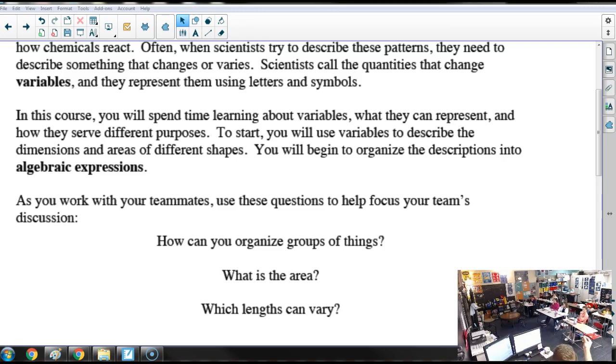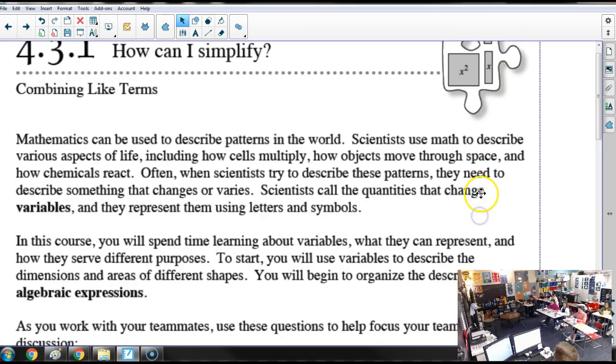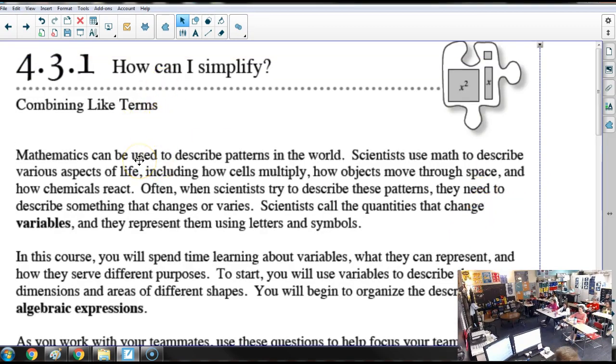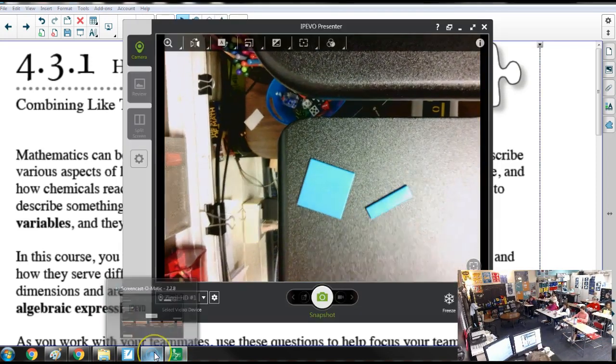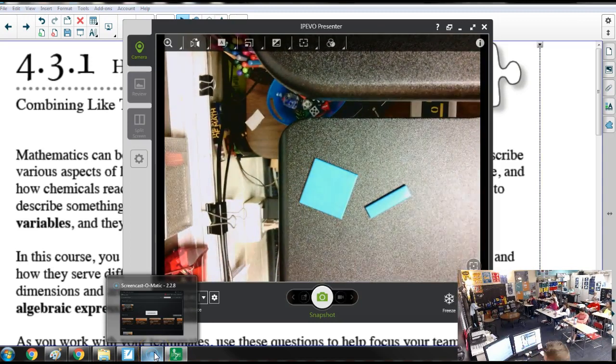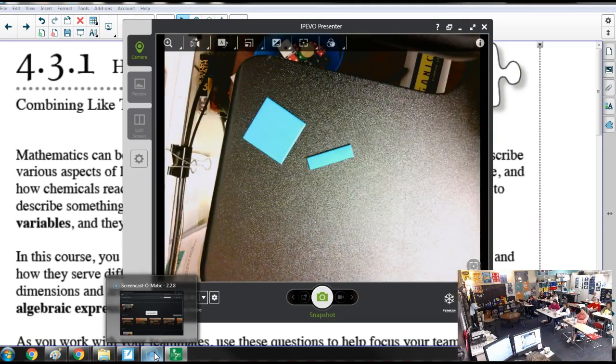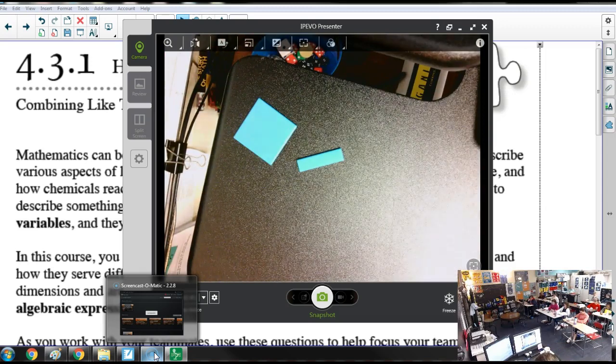Everybody get out this and this. Combining like terms. Yeah, you could just say like terms, but combining like terms. Yes, the blue ones, the like turquoise. So these are what we are going to start to use to represent variables.